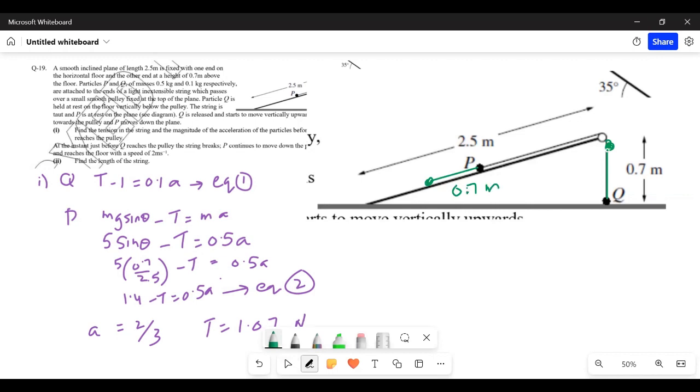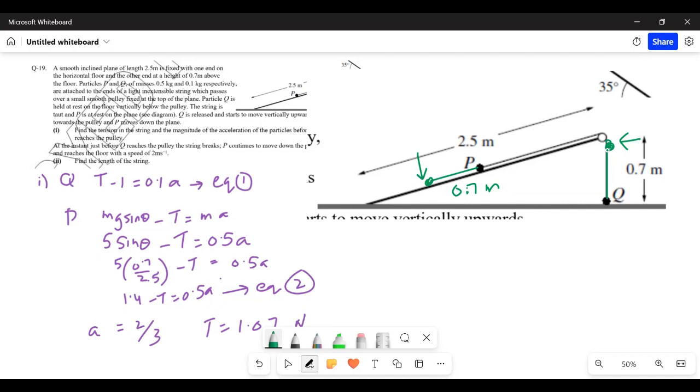Okay. And we can find the speed at this point, right before Q hits the pulley, and that will be the same speed of P at this instant. Because the particles are connected, they have the same speed at a particular instant.